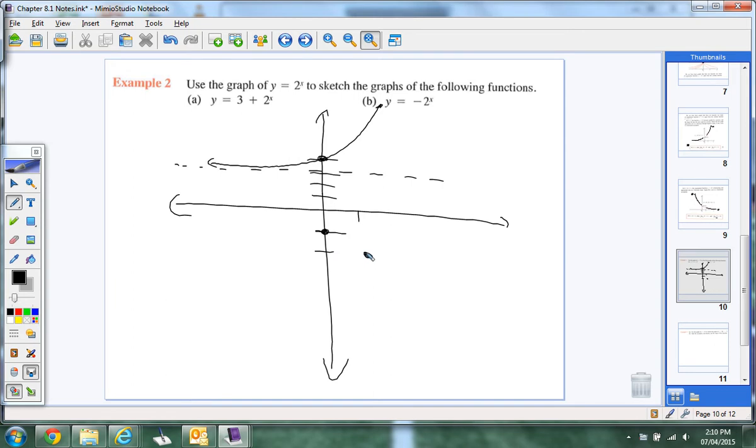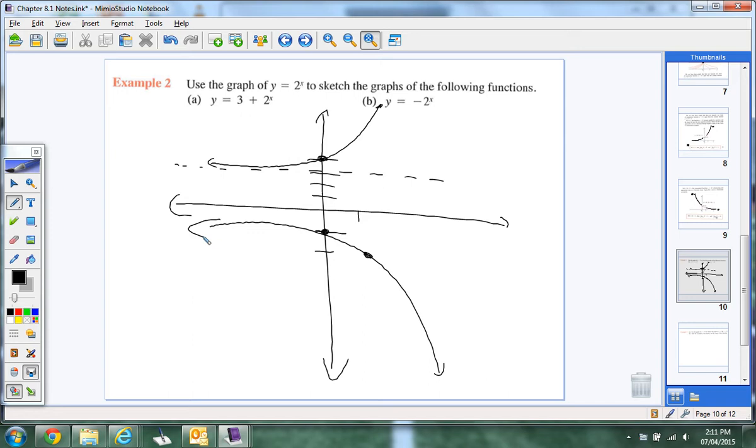Okay, so it essentially flips it. It's going to keep taking off in that direction. Okay. So it flipped it, the negative, just like we did with parabolas, the negative flipped that exponential graph over. Any questions there? Okay.